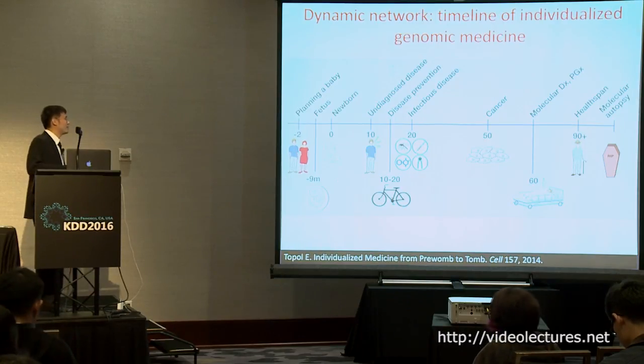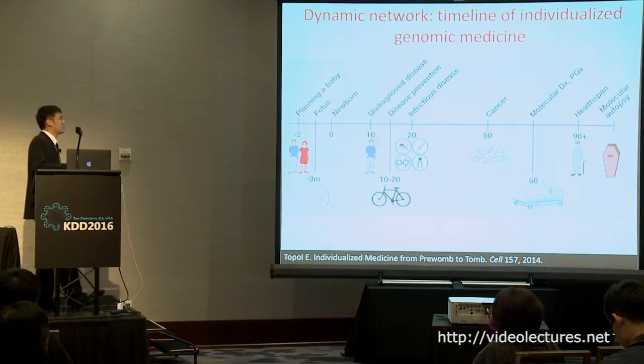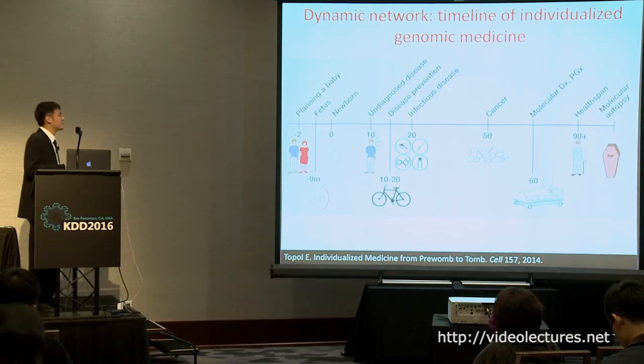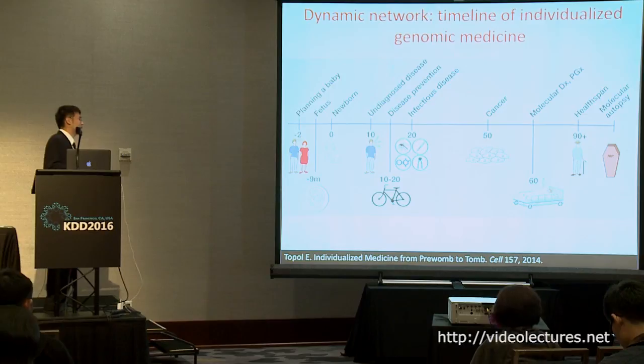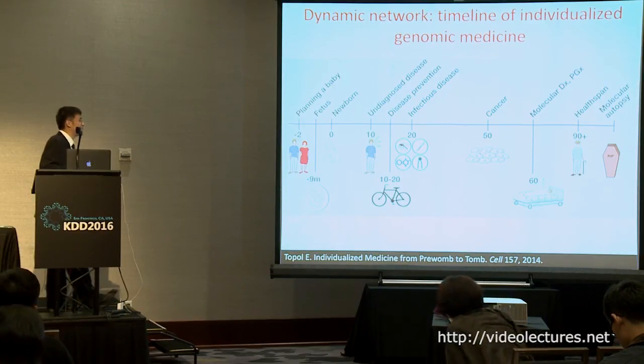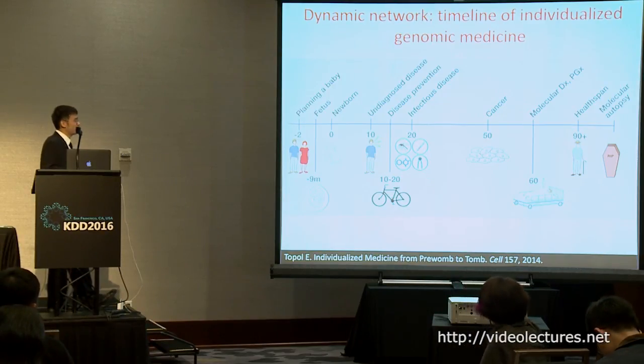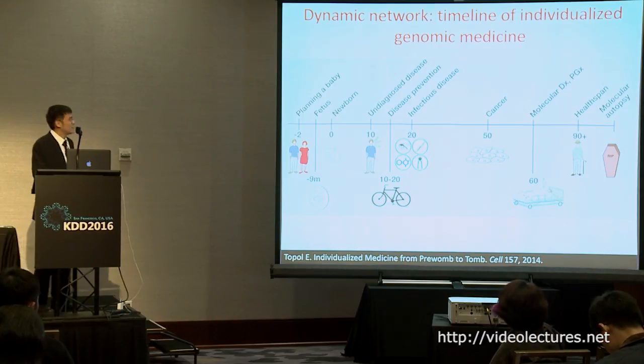And from the newborn person, they have some information here. When people get to 10 and go to school, they may have some disease, and they may have activity, and sometimes they develop some disease.